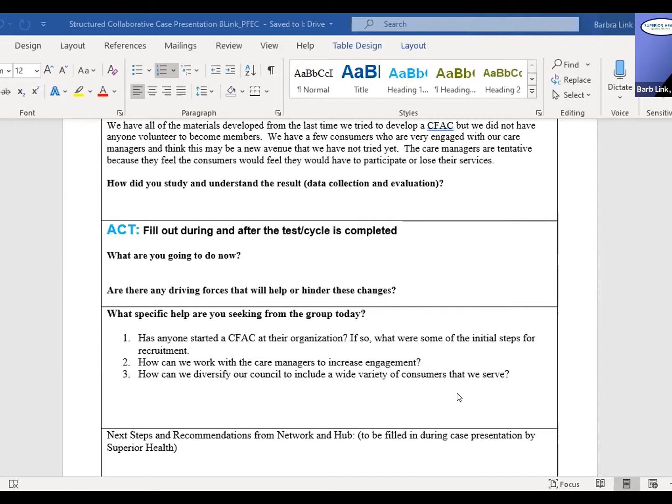But we want to find some of those participants who maybe can't get out of the house so easily and are engaged in our care management and chore service programs. So maybe the wide continuum of older adults that we provide services for, we want to really diversify that way, and then include their family members as well. So that's just some of the information.